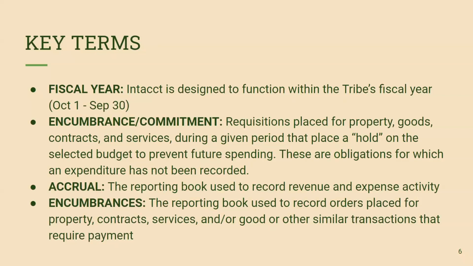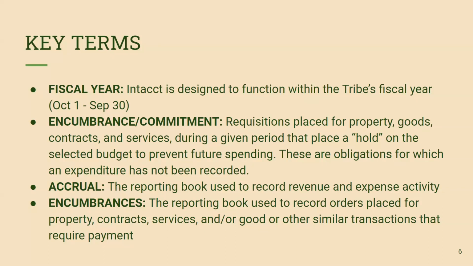Programs like the transit program, diabetes, they have grants that run January to December. Head Start has funds that run April to March and then September to August. And so when we're talking fiscal year, like the fiscal year reports, this is specifically set to match the tribe's fiscal year.